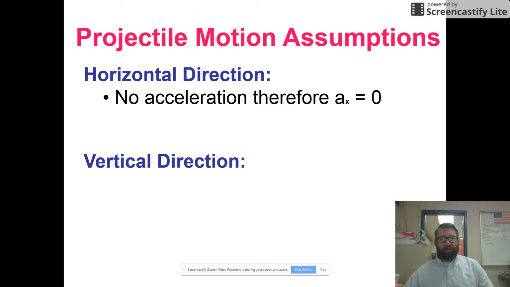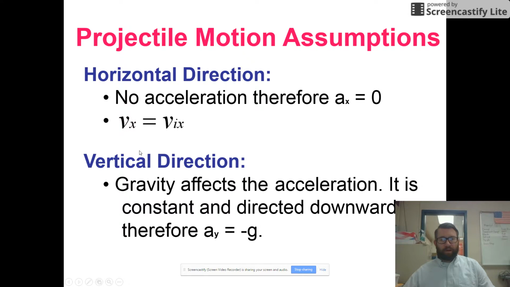Therefore, A sub x is always going to equal 0. So, in this case, your Vx is going to equal your Vix. And so what that means is your x velocity is going to be the same as your initial x velocity. There's no acceleration in the horizontal.